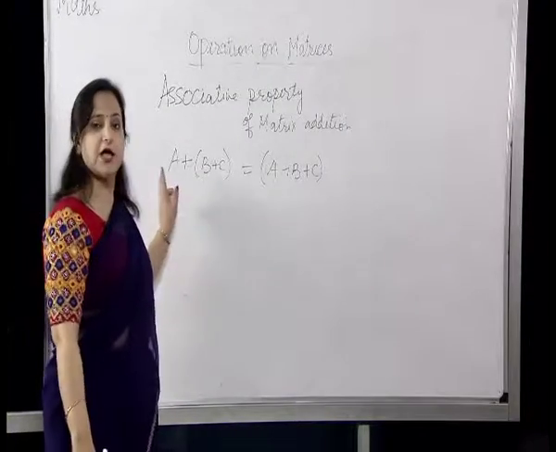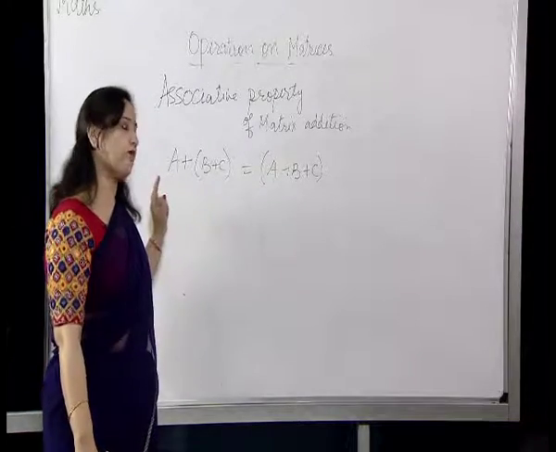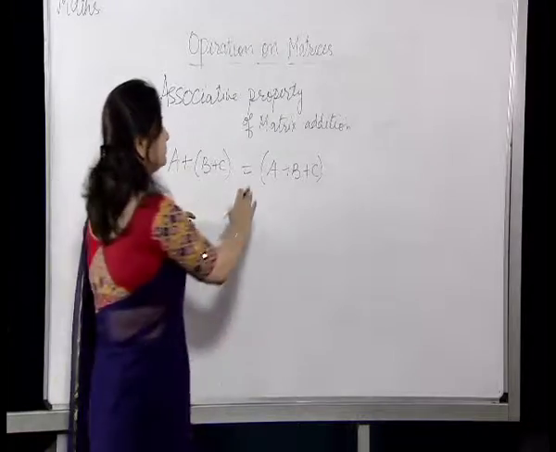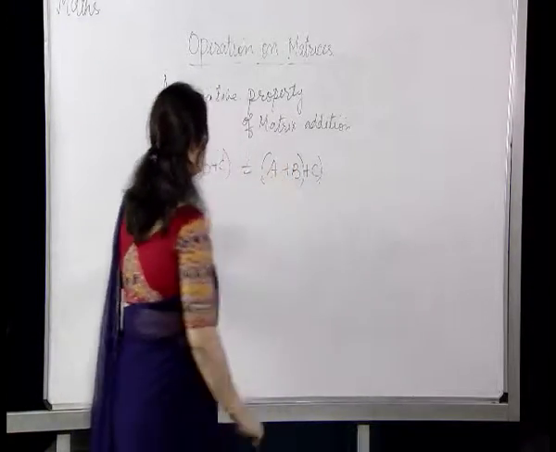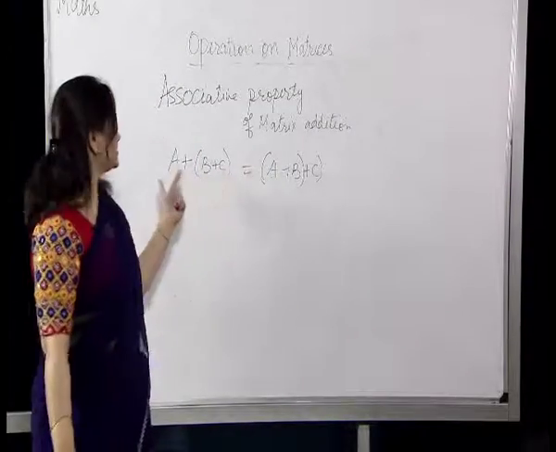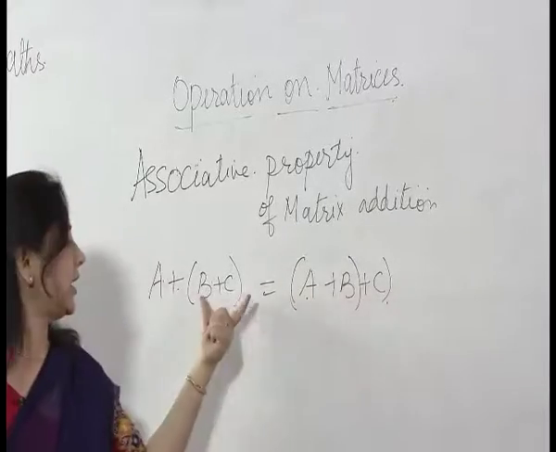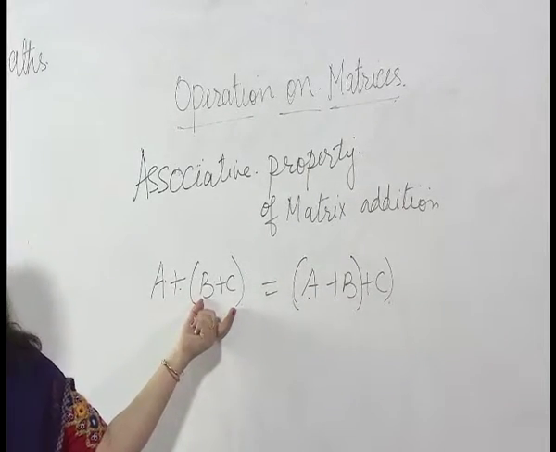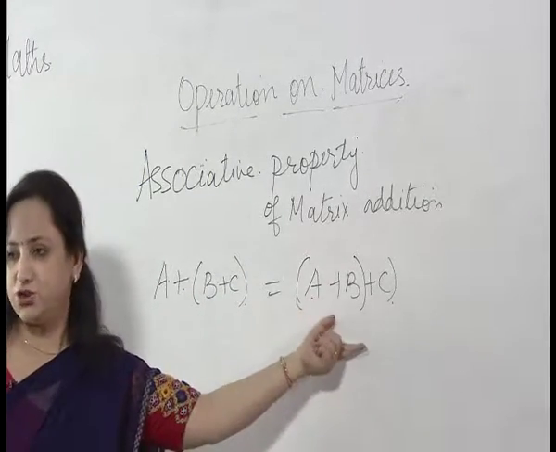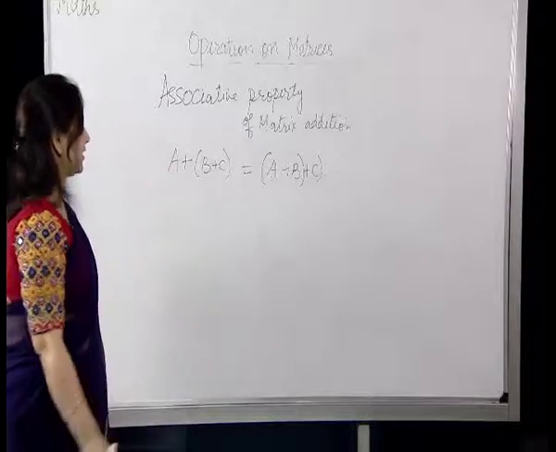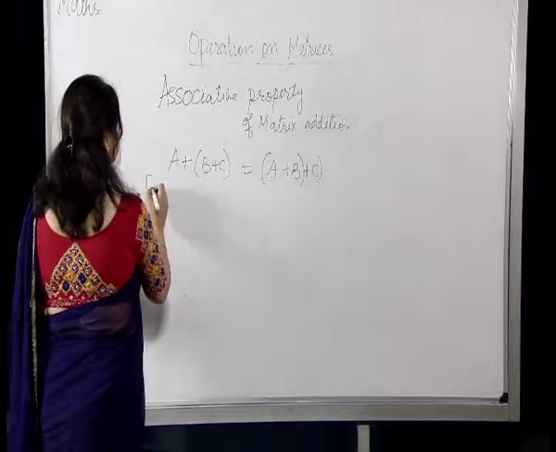The first thing is the matrices A, B and C should be of the same order. Then only the bracket changes, (A plus B) plus C, A plus (B plus C). Here on the left side you will add the A and B matrices first, and on the right side you will add the B and C matrices first. You can take an example also for three matrices.